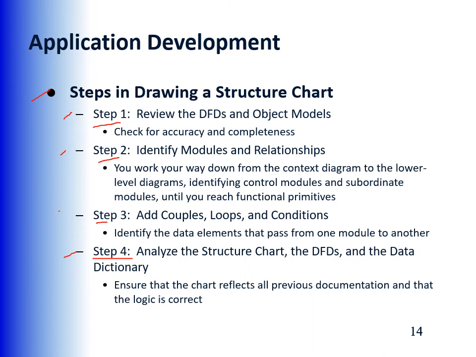Analyze the structure chart, the DFDs, and the data dictionary. At this stage, the structure chart is ready for careful analysis, right? You should check each process, data element, or object method to ensure that the chart reflects all previous documentation and the logic is correct.